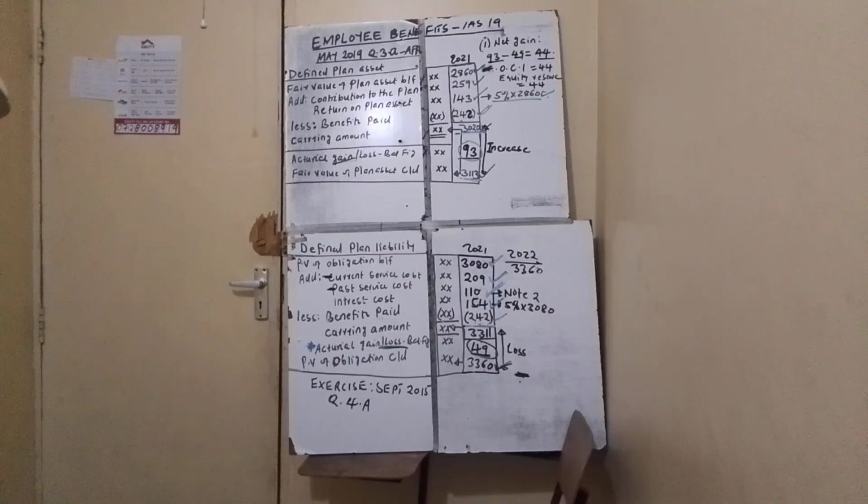Once you retire or you lose your job, then you are paid some benefits. Then post-employment benefits, also known as retirement benefits. These are benefits that accrue to an employee after the normal retirement date. That is something that we discussed yesterday.